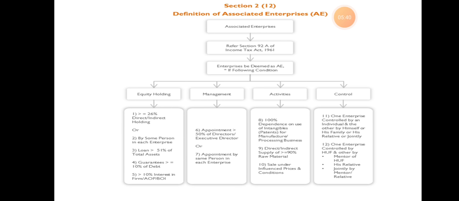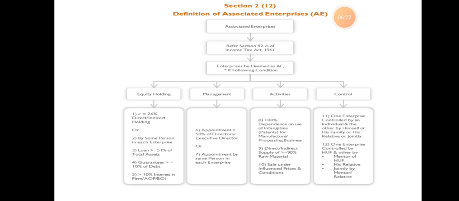Associated enterprise, the structure I have taken, is referred to in section 92A of the Income Tax Act 1961. As per that, an enterprise is deemed an associated enterprise on the basis of equity holdings: if any institution, organization or individual has direct equity holdings in any organization of more than or equal to 26%, or loans by some persons to each enterprise of more than 51% of the total assets.